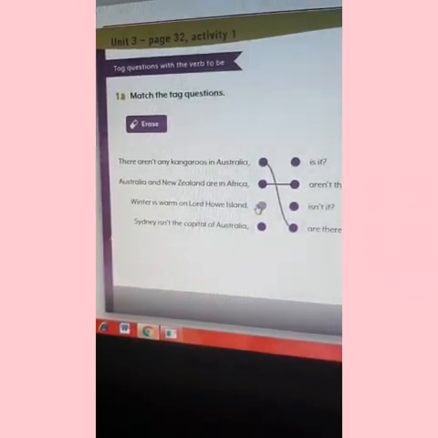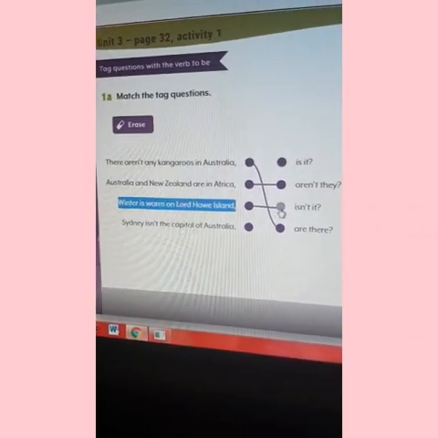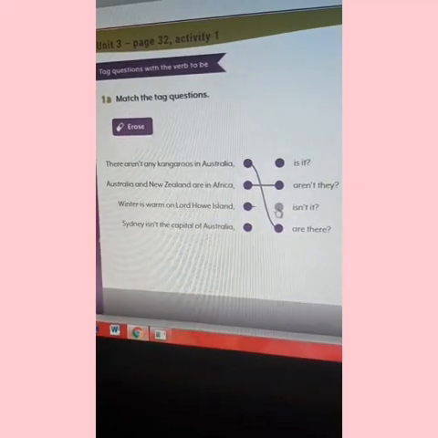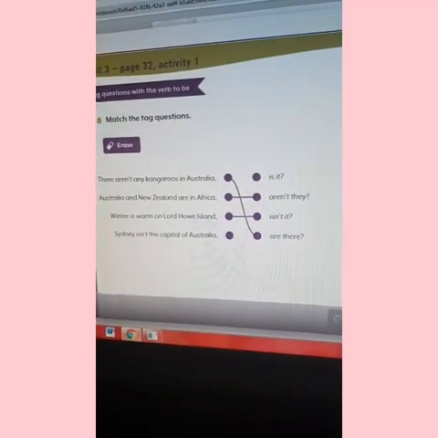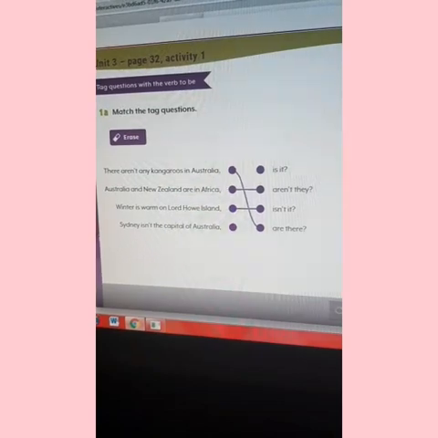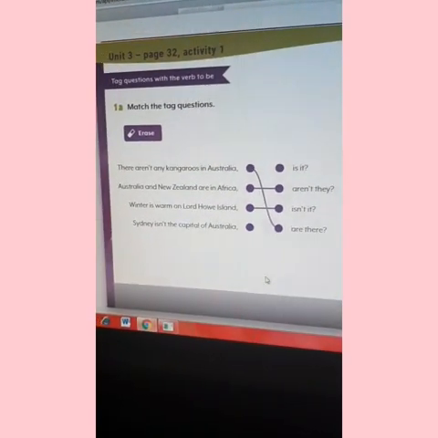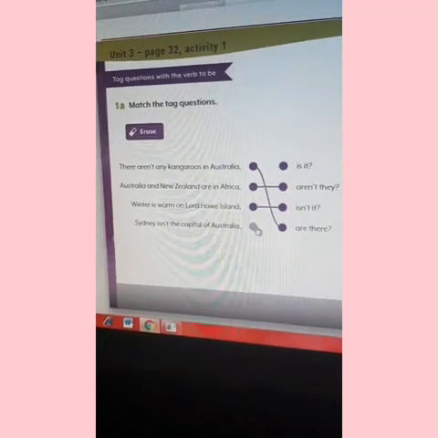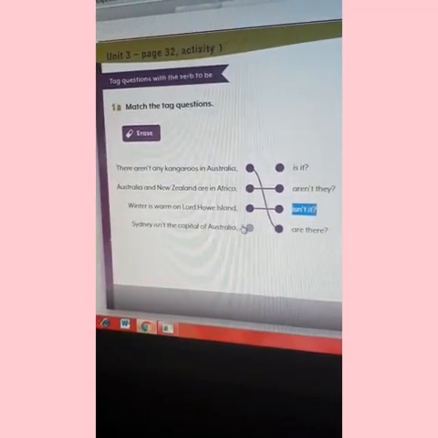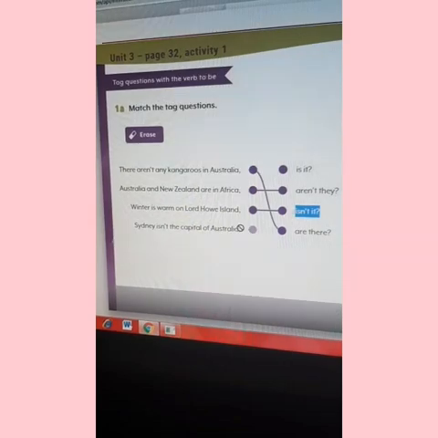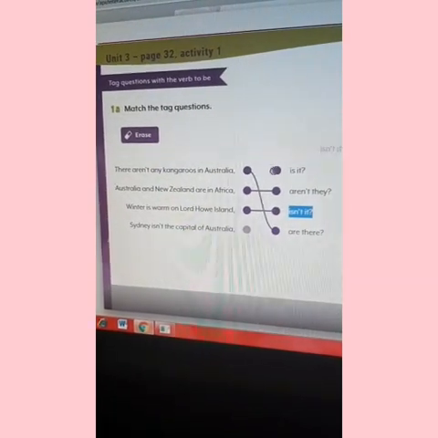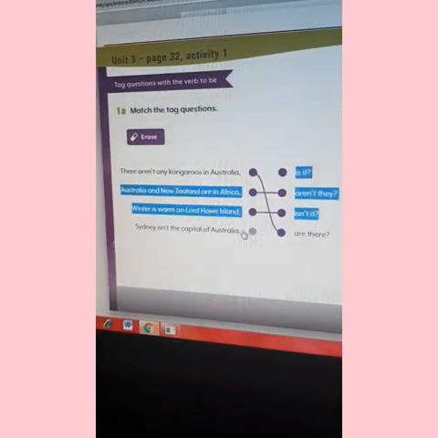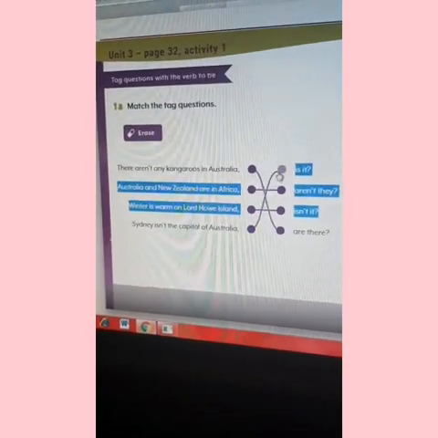Don't worry. Isn't it? This is the correct tag equation. And the last one, Sydney isn't the capital of Australia. Isn't, the tag equation will be in here. Wait me, okay.